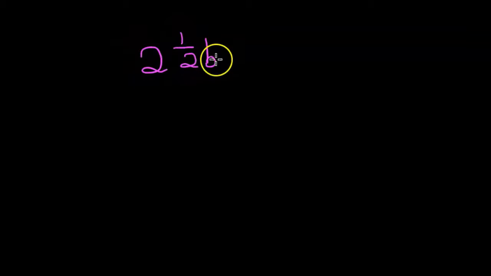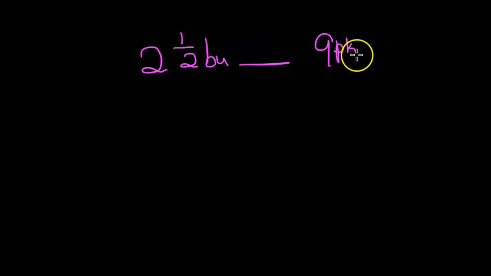All right. So now we're on C. So this one is 2.5 bushels and 9 pecks. All right, well, here's what I know. I know that 1 bushel equals 4 pecks.